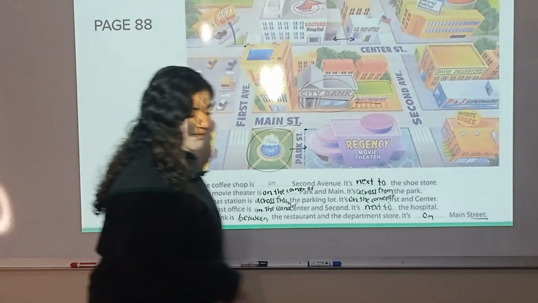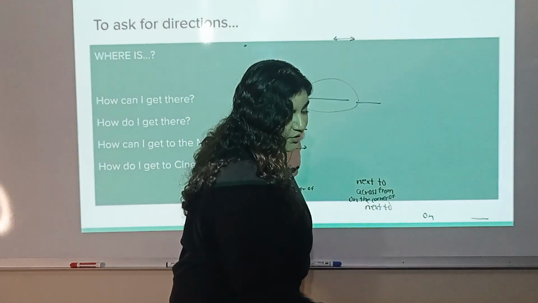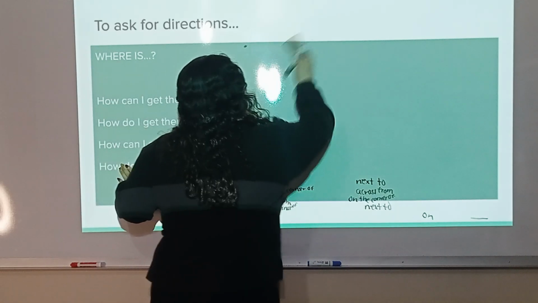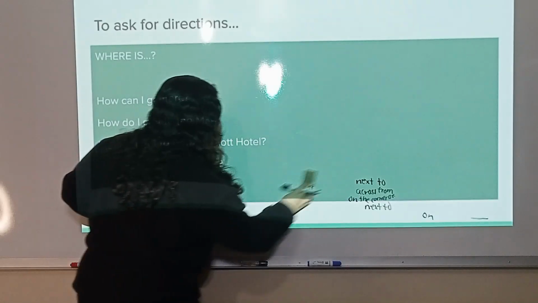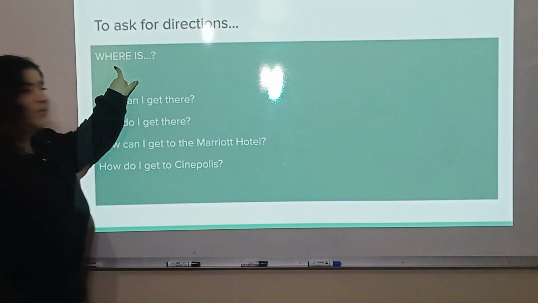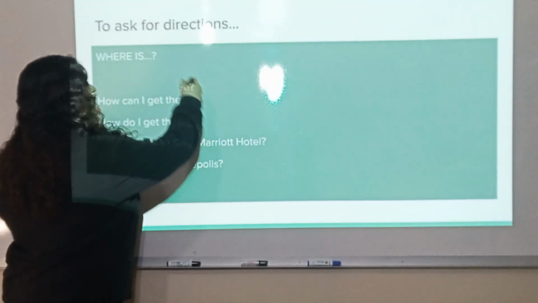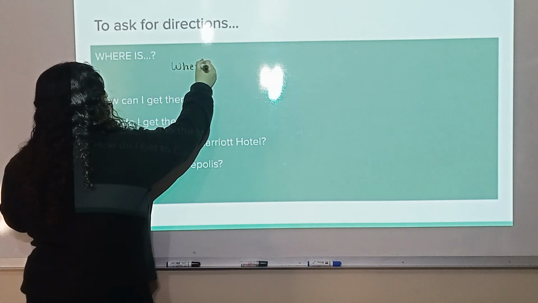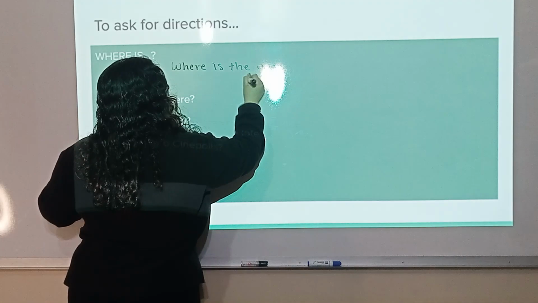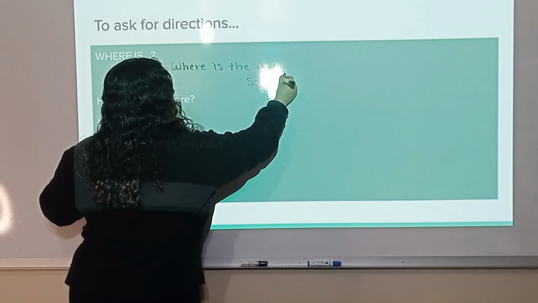All right? Now, we're going to continue with how to ask for directions. To ask for directions, we might as well ask the question, where? Where is something? Where is the gas station? Where is the cinema?